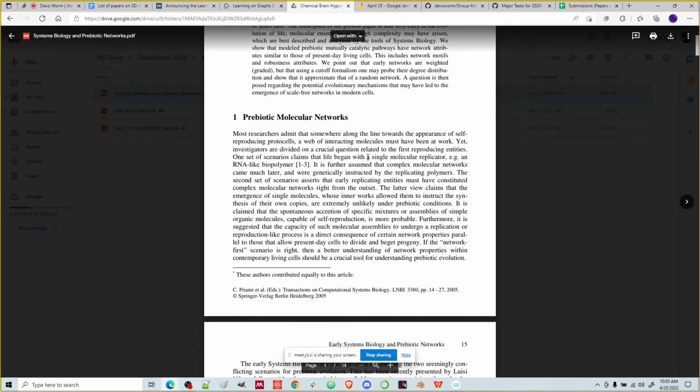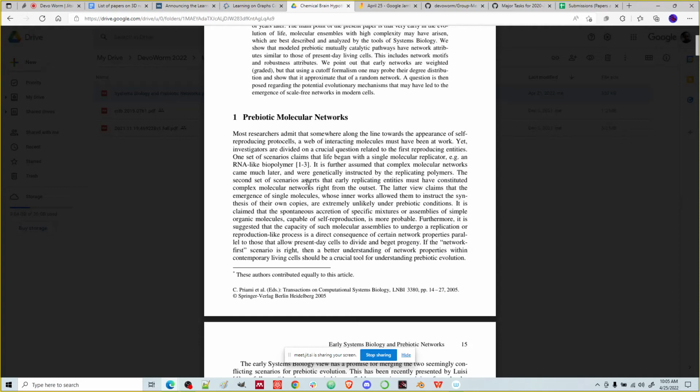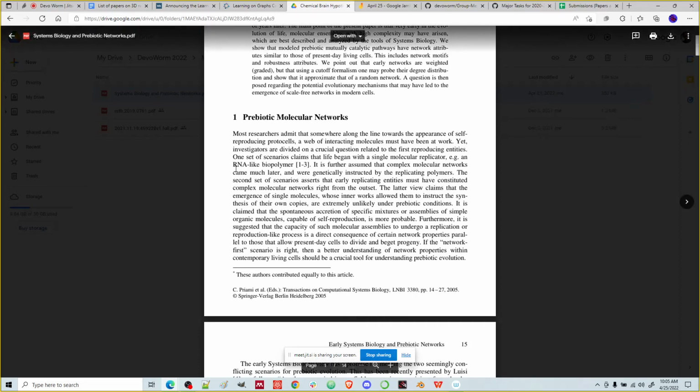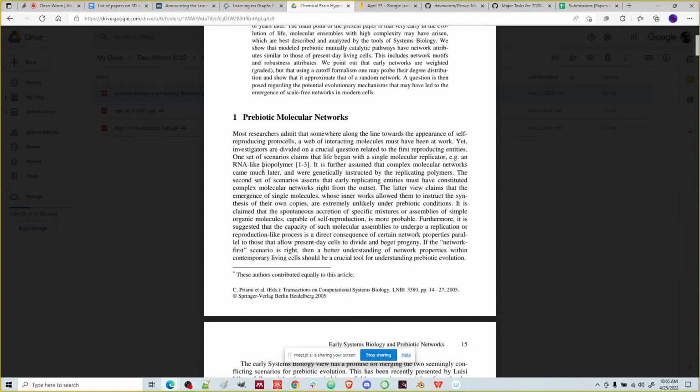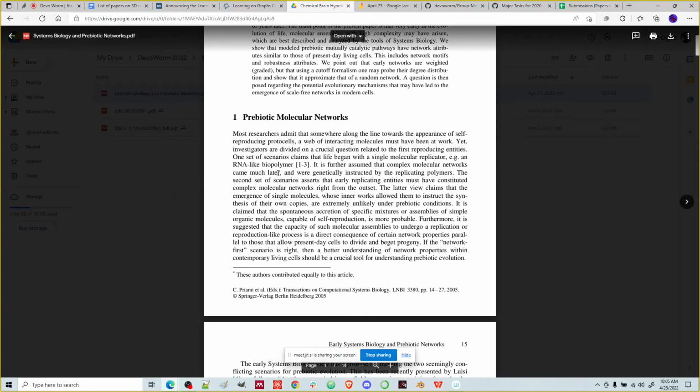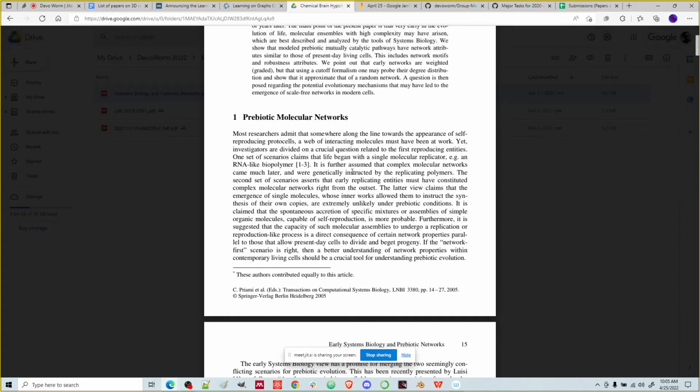So this paper goes through prebiotic molecular networks. They talk about some of the scenarios for early life, that life may have begun with a single molecular replicator, an RNA-like biopolymer that could make copies of itself. And it's further assumed that complex molecular networks came much later. So the networks that we see in modern cells, for example, came much later.